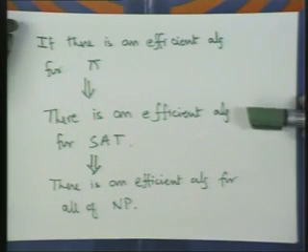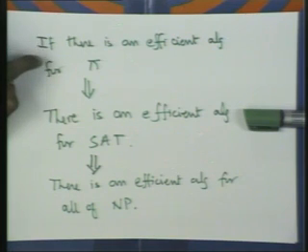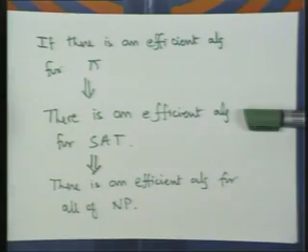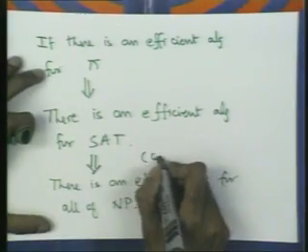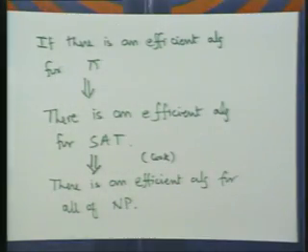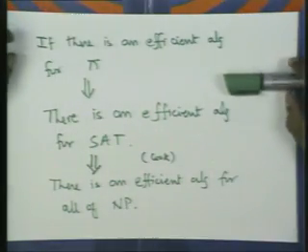Let's just put these two things together. If there is an efficient algorithm for pi, there is one for SAT, and if there is one for SAT, there is an efficient algorithm for all of NP. This follows from Cook, and this result we will have to cook up. So this is up to us to prove.